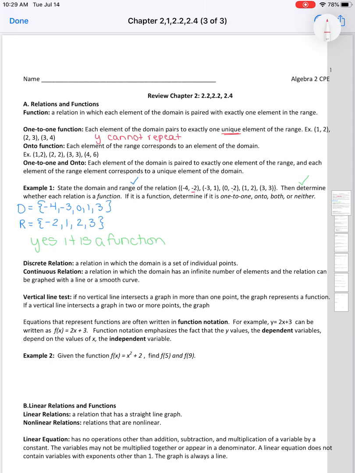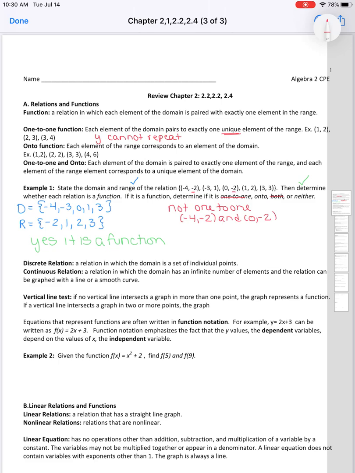Okay, so if we look here, we say to ourselves, it is a function, so every x goes to a y, but the problem is we've got a repetition going on in the y value. So if that is the case, then this is not one-to-one. And you can just say you've got -4, -2, and 0, -2.